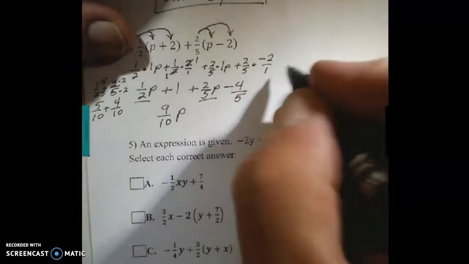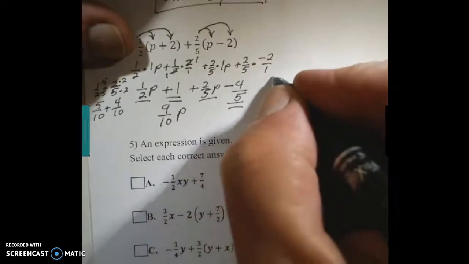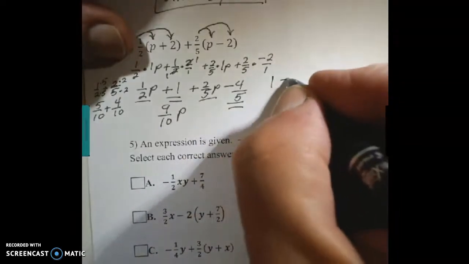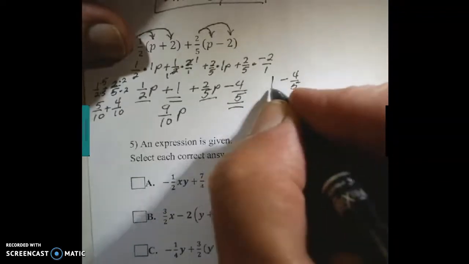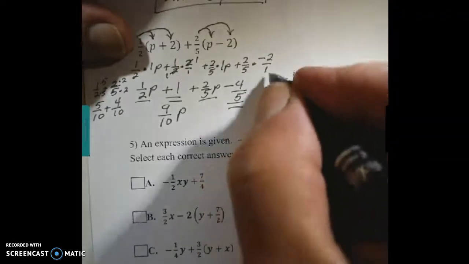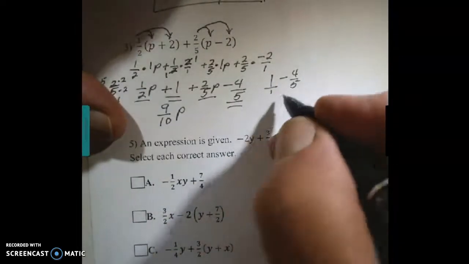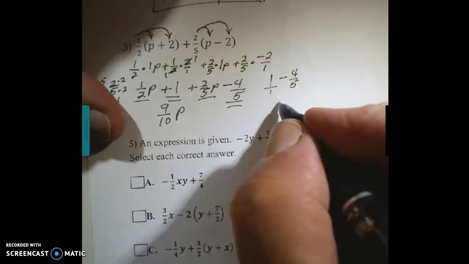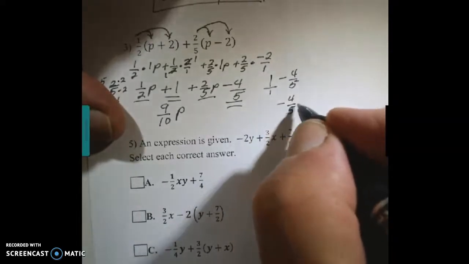Then this one is going to be the number parts. 1 and a negative 4/5 is going to be 1 minus 4/5. Again, to add fractions, you need a common denominator. You can make this look like a fraction by putting a 1 under it. Common denominator is just going to be fifths. So this second fraction isn't going to change.